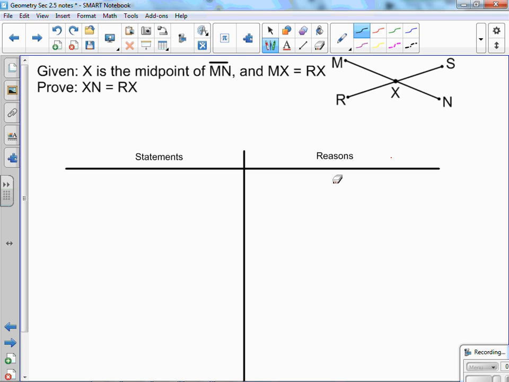So, starting off with what's given to us, or at least part of what's given to us, if they give us multiple parts. So, X is the midpoint of MN, and that is given.